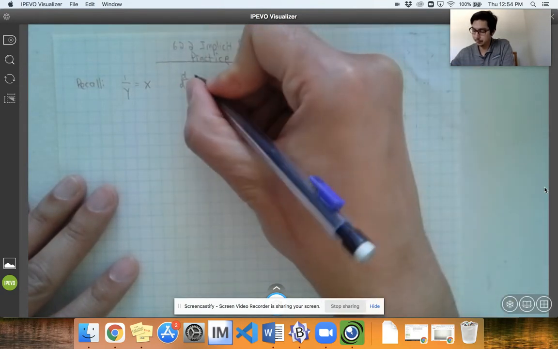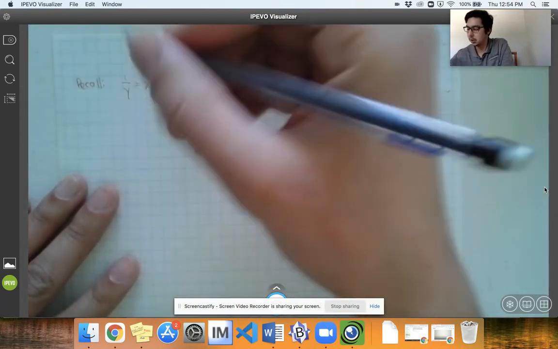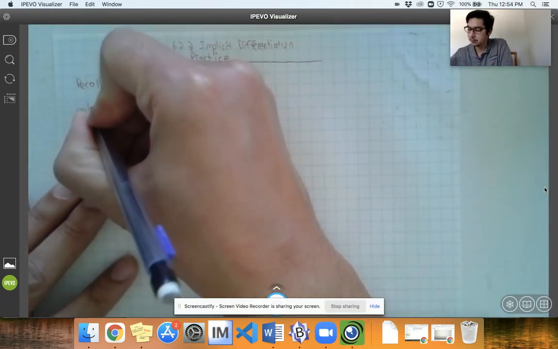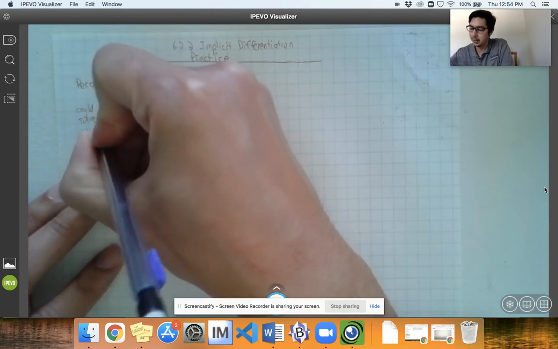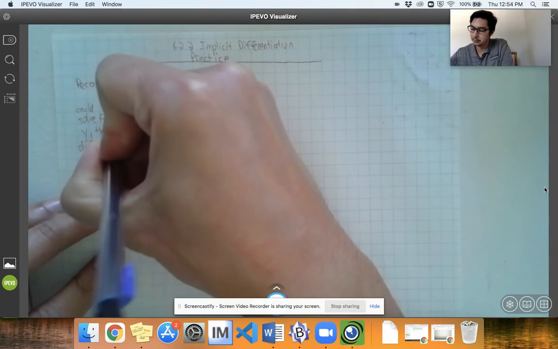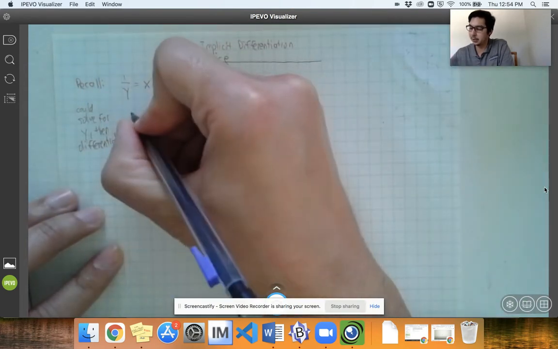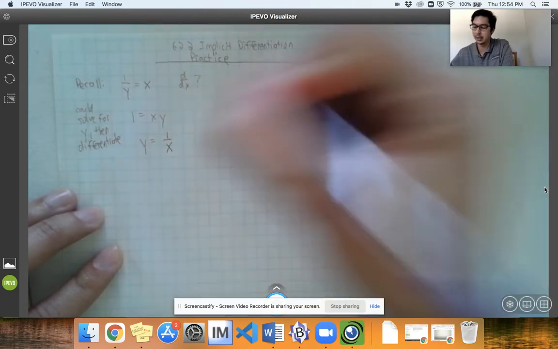function? Now, in the past, what you could do is you could solve for y first. Solve for y, then differentiate. So if you did that here, you would have 1 equals xy, which would imply you get y equals 1 over x.